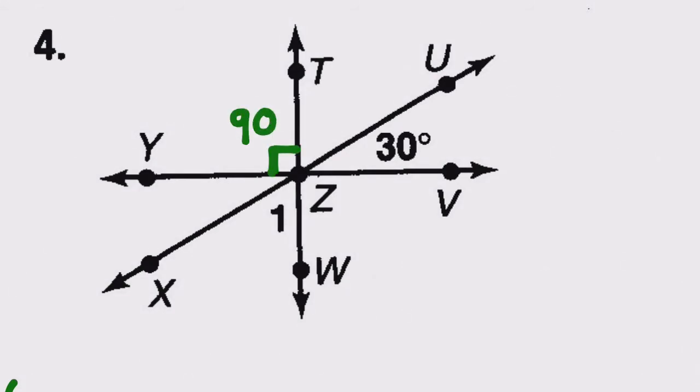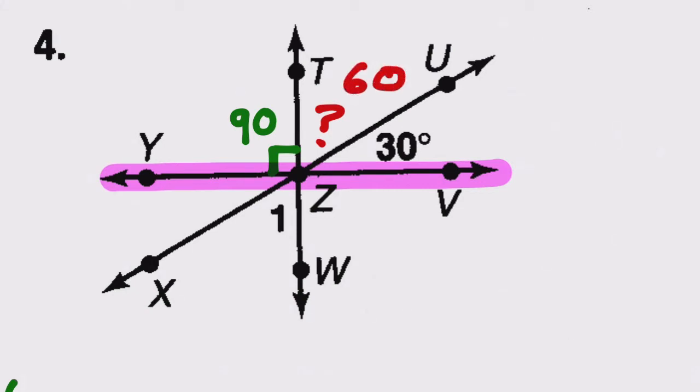Can anyone tell me what the question mark equals then? Reagan? 60 degrees. The reason it equals 60 degrees is if you look at this as kind of like a horizontal line, 90 and 30 is 120. So that red question mark has to be 60 degrees so that everything on that side adds up to 180.